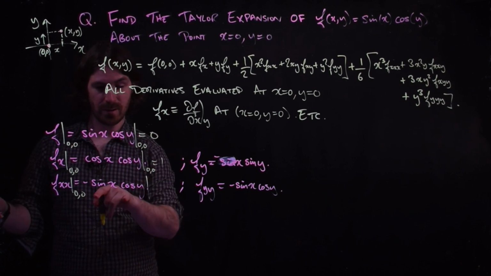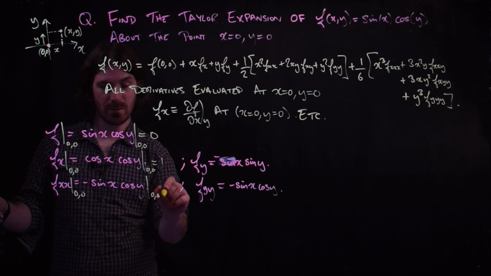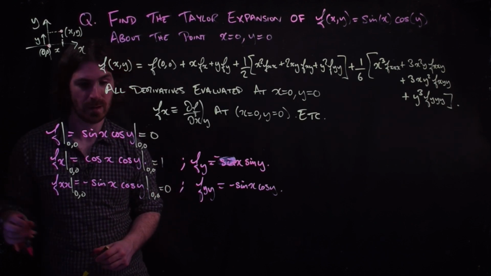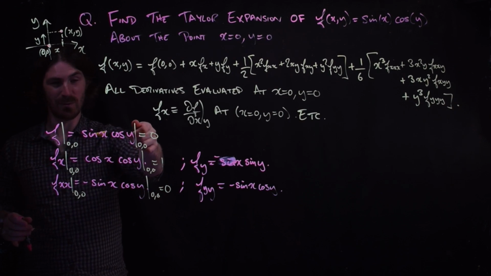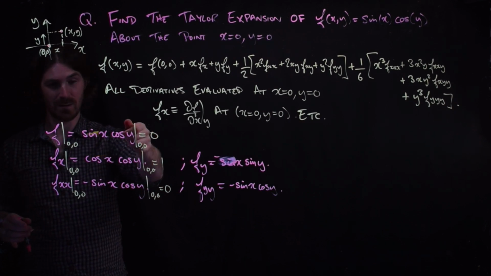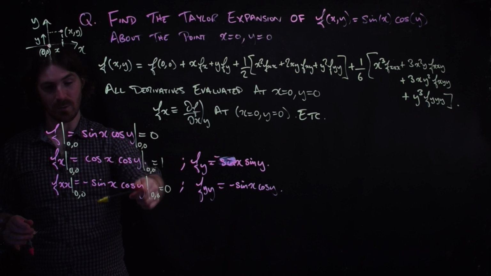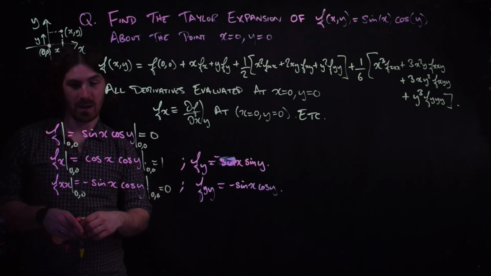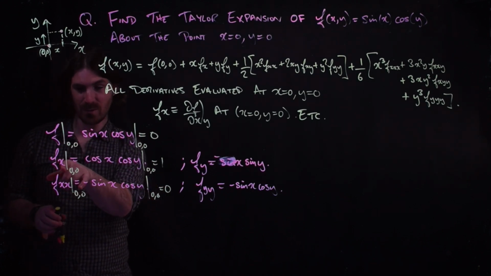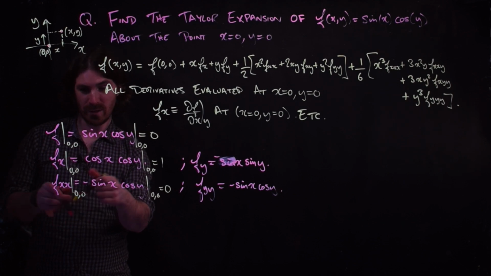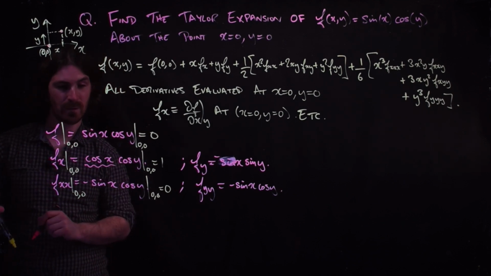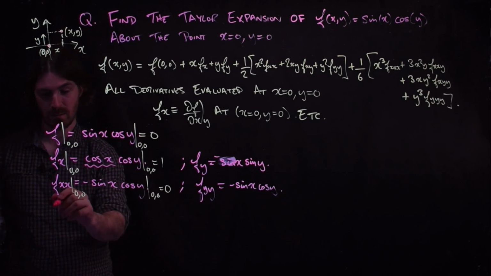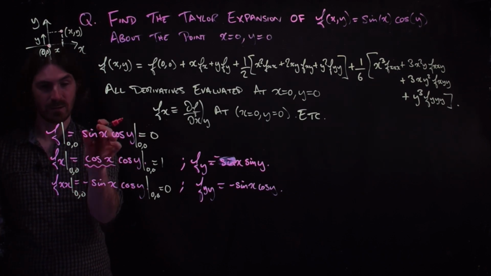But this evaluated at 0, 0 will be 0 again. Each time you differentiate, you swap from sine to cosine: sine, cosine, sine, cosine. And for the derivatives with respect to x, the only terms that survive are the cosine terms. So we need cosine x, not sine x.